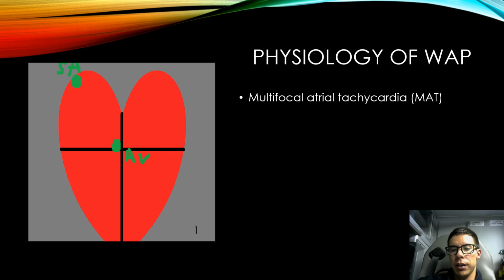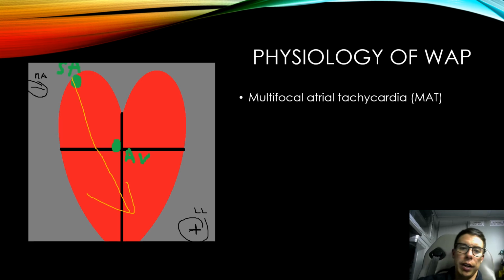So down here, our left leg, we have a positive lead. Up here, our right arm is a negative lead. And normally our vector, or overall direction of flow of electricity, is kind of in that way.